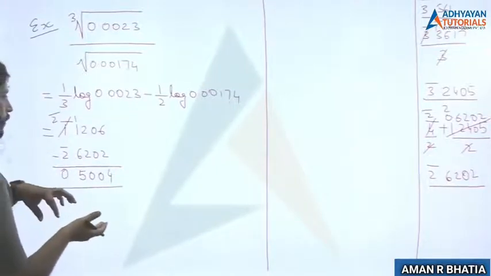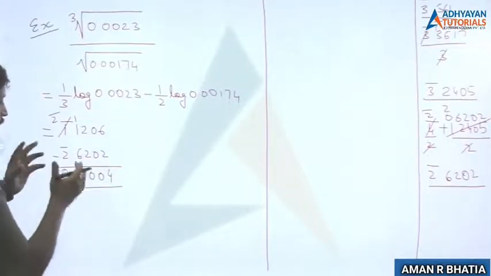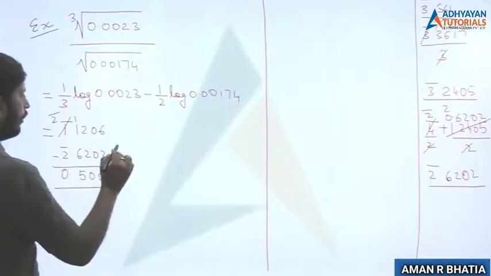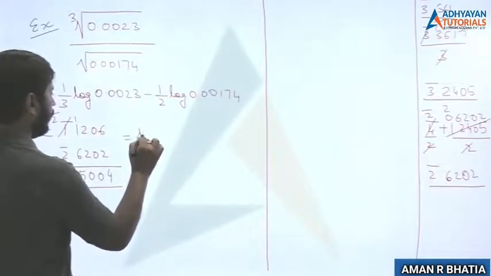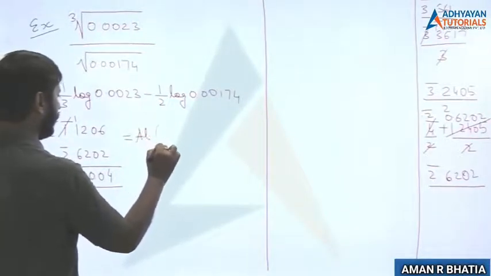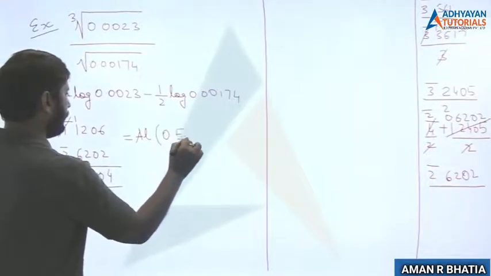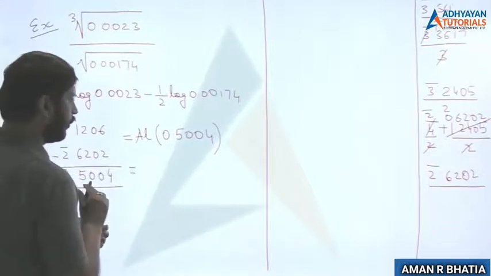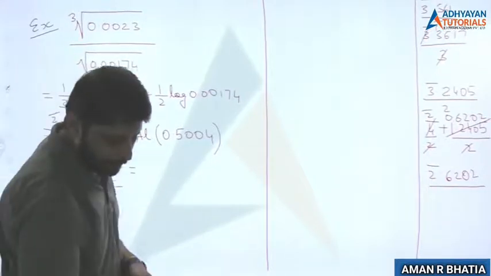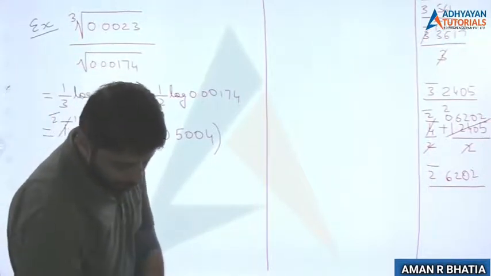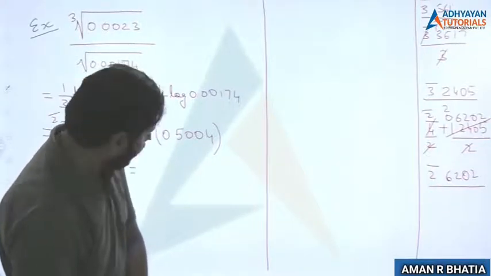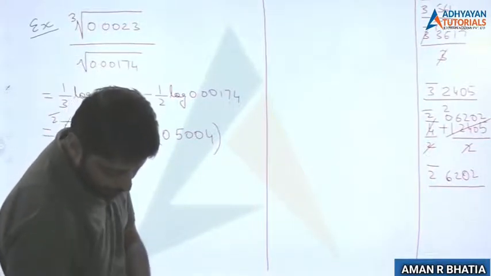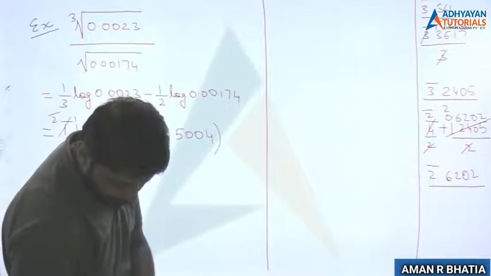Now I have to convert this back to a number. This is the log value. So this is equal to anti-log of 0.5004. Now I'll quickly go to 0.50 in the anti-log table. 0.50, 3162, and 4 is the value of 3.